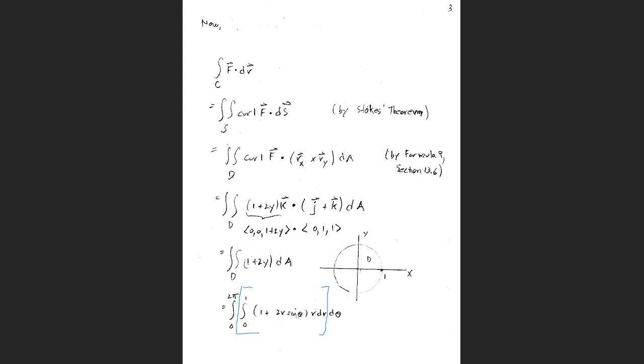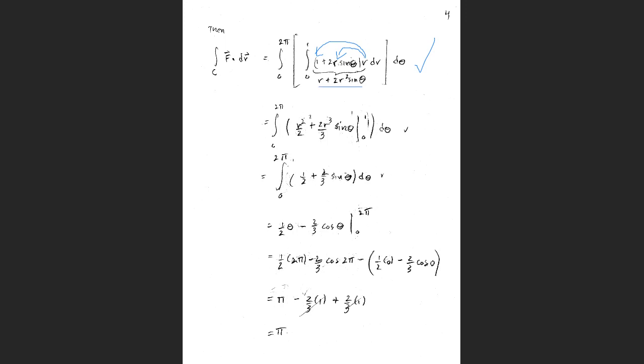You're just going to have to work it out. The inner integral is with respect to r. Naturally, I'm going to distribute the r: r times 1 and r times 2r sine theta, and then I get r plus 2r squared sine theta.